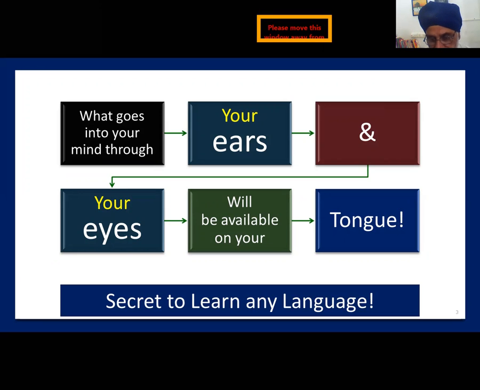Which really means that to be able to learn any language, you have to listen to that language and read that language. Of course, we can learn speaking just by listening. So the secret to learn any language, I repeat, is what goes into your mind through your ears and your eyes will be available on your tongue.